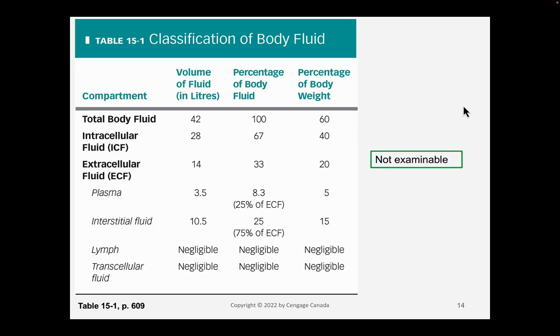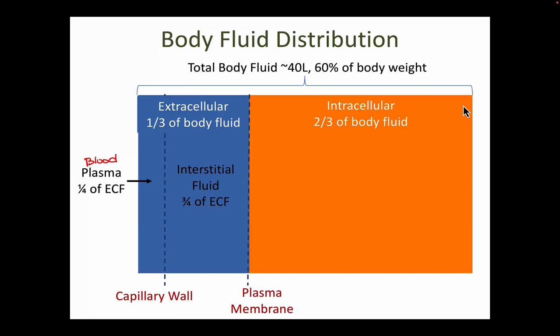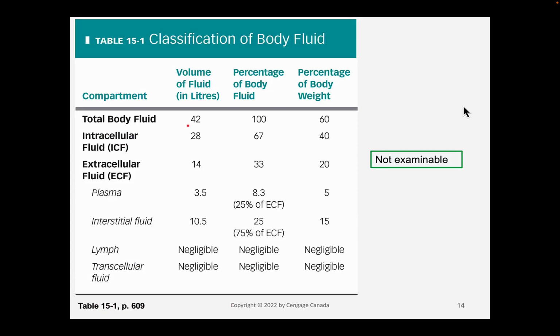So if we take these and look at some actual numbers, and note this is not examinable, you do need to know the different compartments and about how much each compartment is. You don't need to know the actual volumes. But for fun, let's say our total body fluid is 42 liters. Of that, 2/3 is in our intracellular fluid, so 28 liters inside our cells, which leaves only about 14 liters outside of our cells.